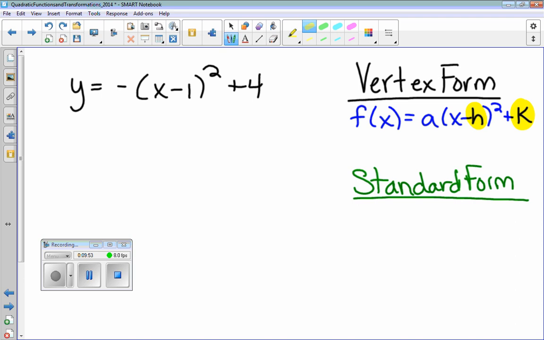A is how far it's been stretched. A can be positive or negative, and that just means it's been flipped upside down if it's negative. But (h, k) is the vertex. Now, standard form is what you're actually used to seeing, okay? And standard form, and I'm trying to make sure it's exactly like the book says it here. It's the same thing as y equals, that's right.